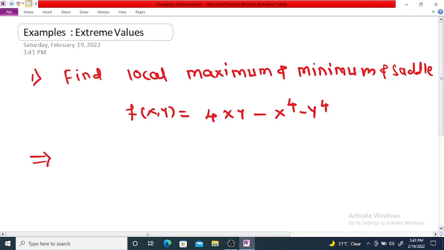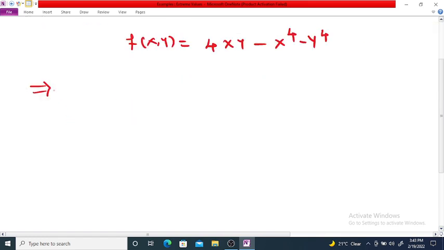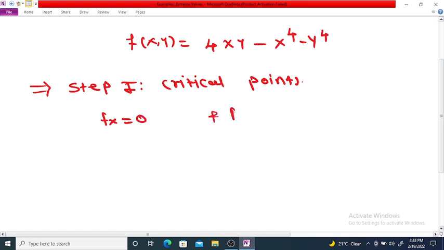Step first, we want to determine critical or stationary points. To find the critical points, consider f of x equal to 0 and f of y equal to 0. Now f of x is 4y minus 4x cube, when we take the partial derivative with respect to x, y is constant.